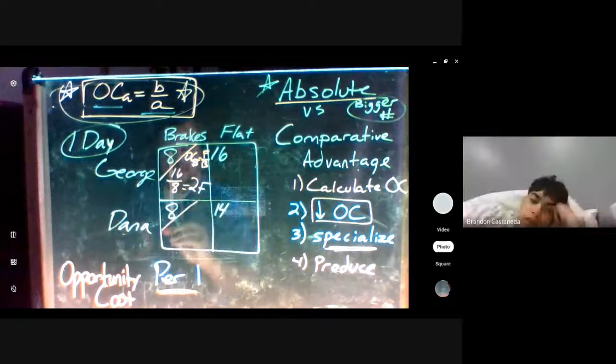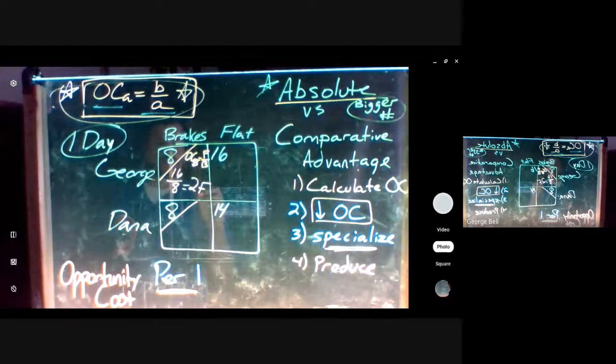So my wife, if I ask her to calculate her math, what you're going to see over here is the opportunity cost of brakes equals flats over brakes. That's 14 over 8. This reduces, divide by 2, to 7/4, which equals 1 3/4.